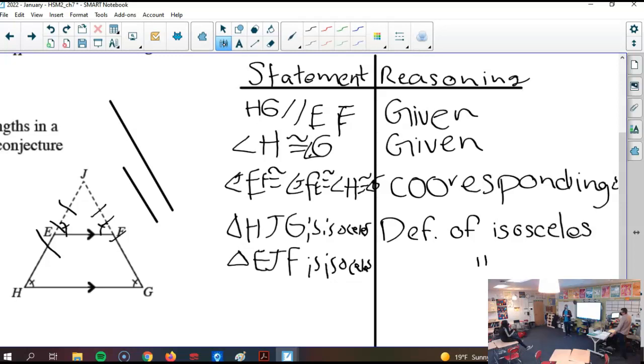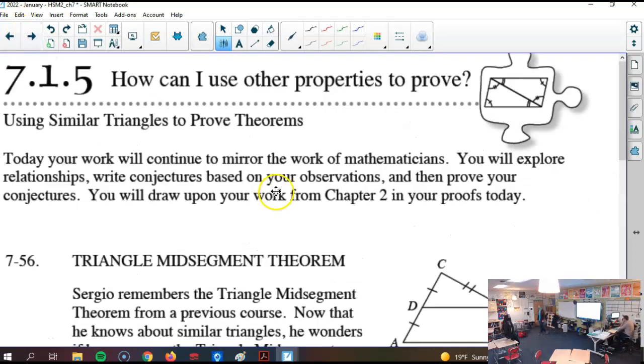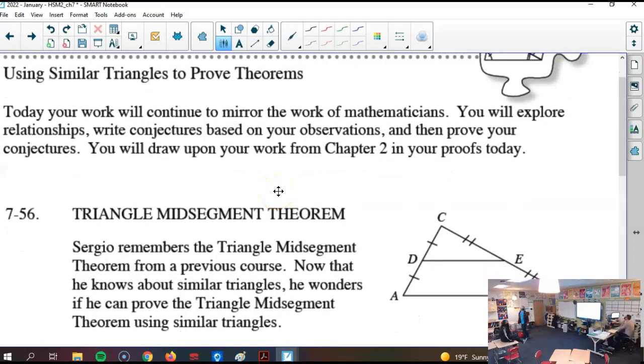If a trapezoid has congruent base angles, then its non-parallel sides are congruent to each other. You're lucky I got nice on that one because that was going to be a lot of writing.